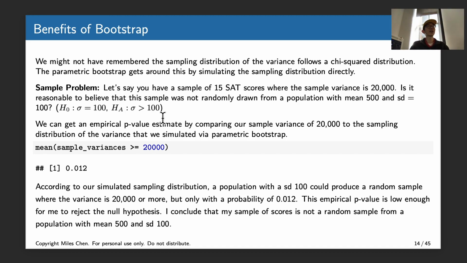Because if the standard deviation of the population is 100, when I take a random sample, I should get a variance of around 10,000. If you happen to have a sample where your variance is 20,000, is that going to indicate that your sample isn't drawn from this population, or isn't a random sample from this population? We want to figure this out.